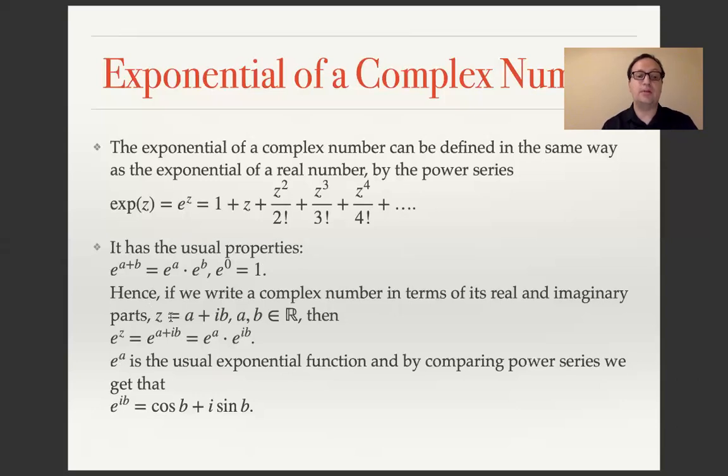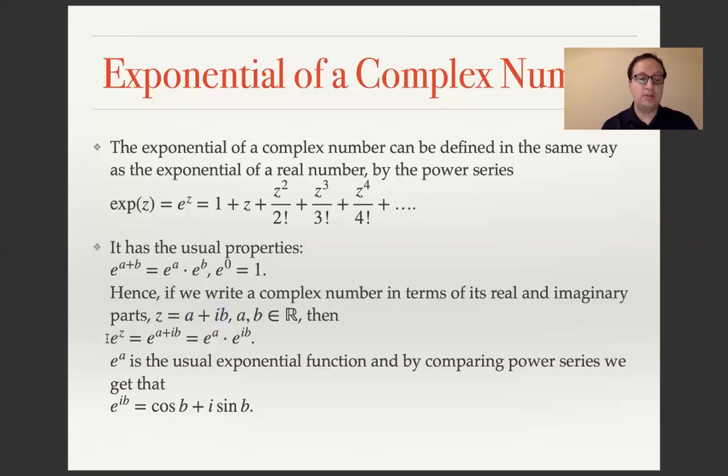Every complex number is the sum of its real part and its imaginary part. So let z be a complex number, and then it can be written as a plus ib, where a is the real part and it's a real number, and ib is the imaginary part. So i is the imaginary unit, and b is a real number again.